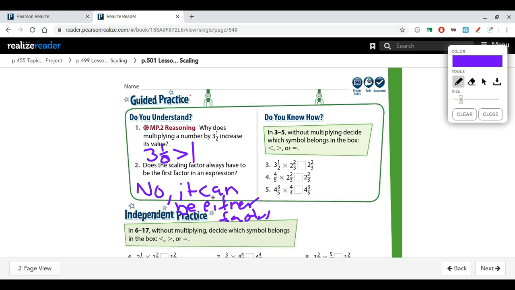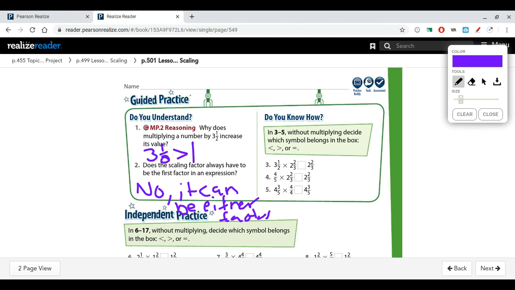All right. In 3 through 5, without multiplying, decide which symbol belongs in the box: less than, greater than, or equal to. And notice I have not done a single multiplication problem example for you. It's all been talking about number sense and looking at products.